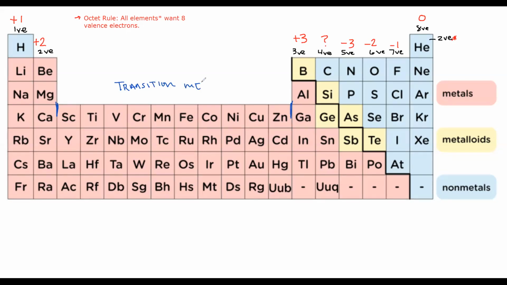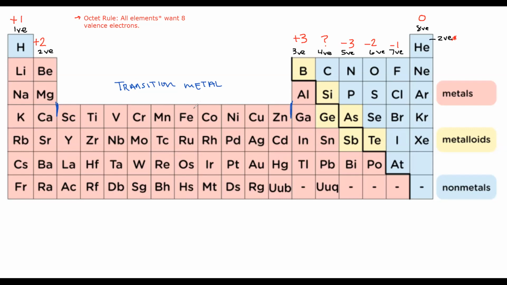So let's talk about these. The word transition means to change, right? So the reason these are called transition metals is because they can change their valence electron number, which means we can't just assume that they'll have X amount of valence electrons with an X positive charge. We have to know a little bit more about them.